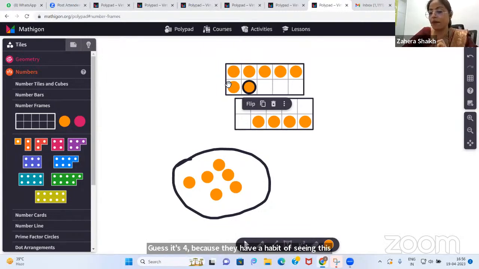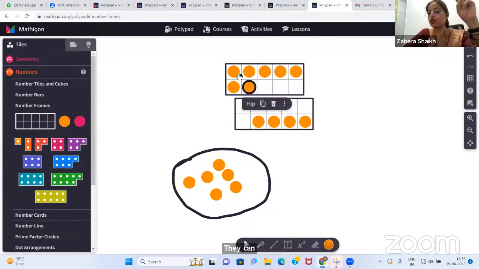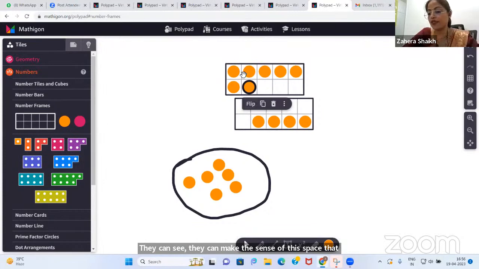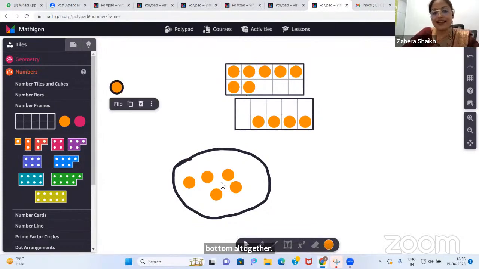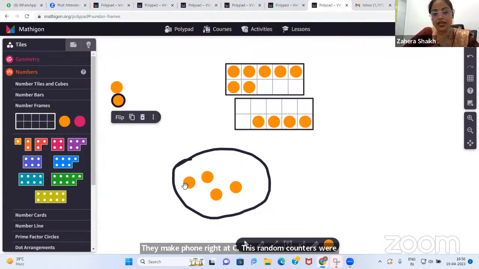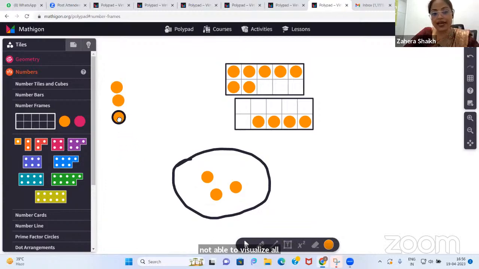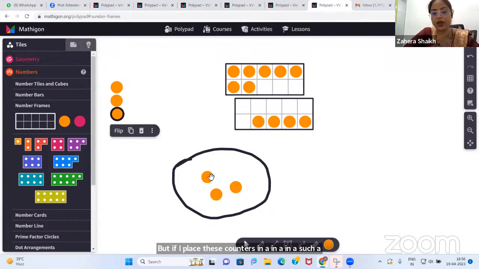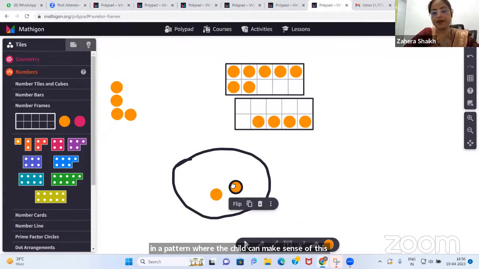They can make sense of this space: 2 counters on the top and 2 at the bottom, all together they make 4. These random counters were not able to be visualized or guessed by the students, but if I place the counters in a pattern where the child can make sense of the space, it is easier.